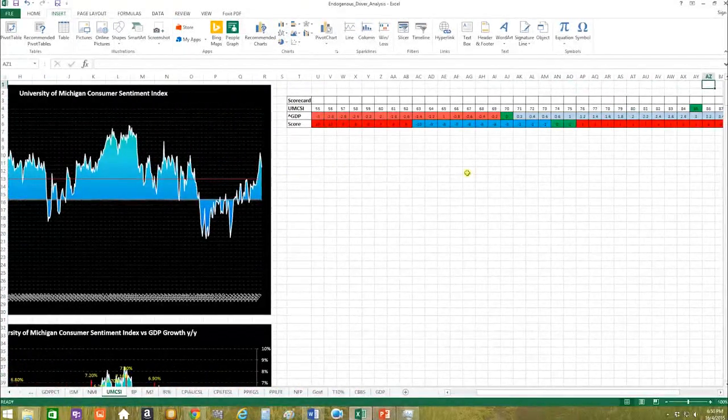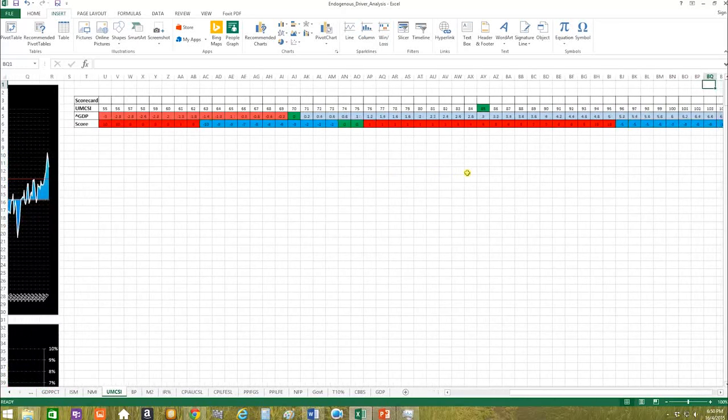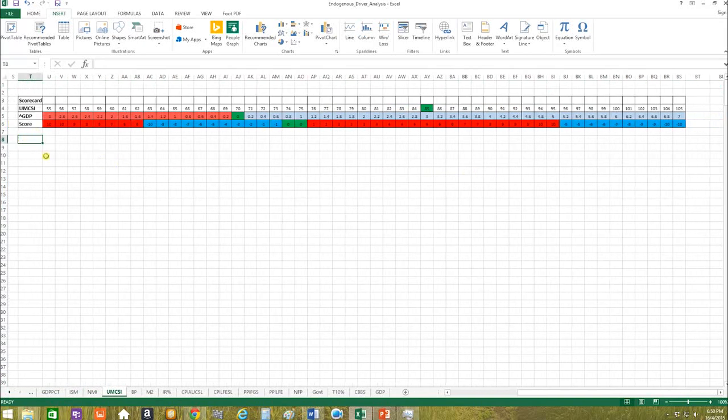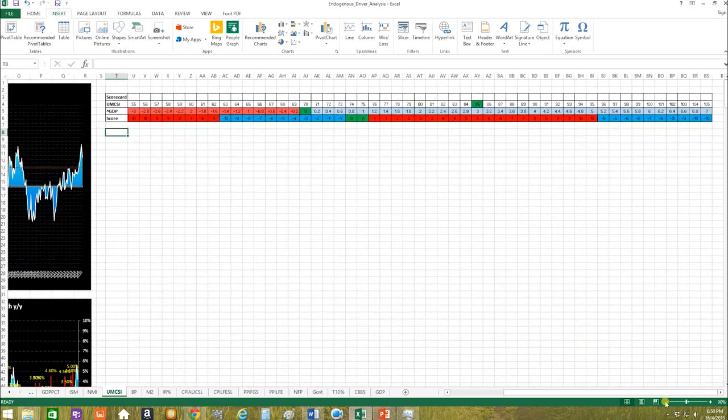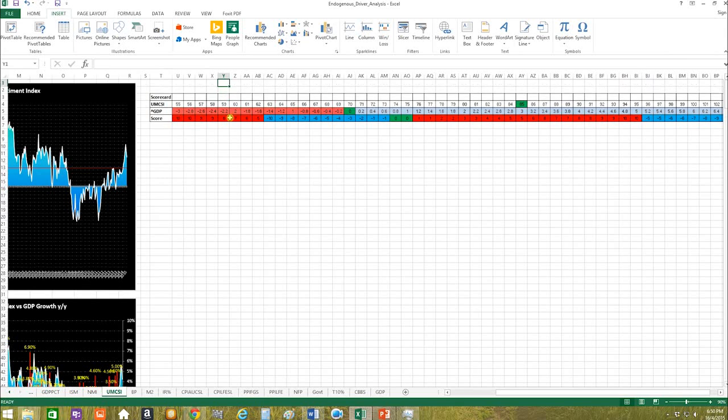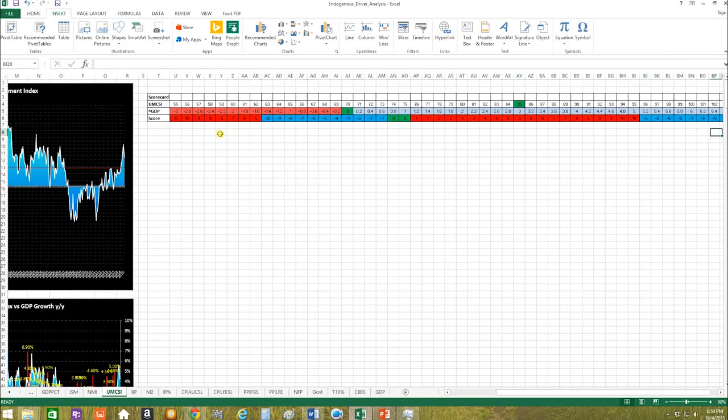Now, when it comes to the scorecard, we have to take a slightly different approach with the UMCSI relative to the ISM and the NMI, because as mentioned previously, there is no defined growth and contractionary level with the UMCSI.